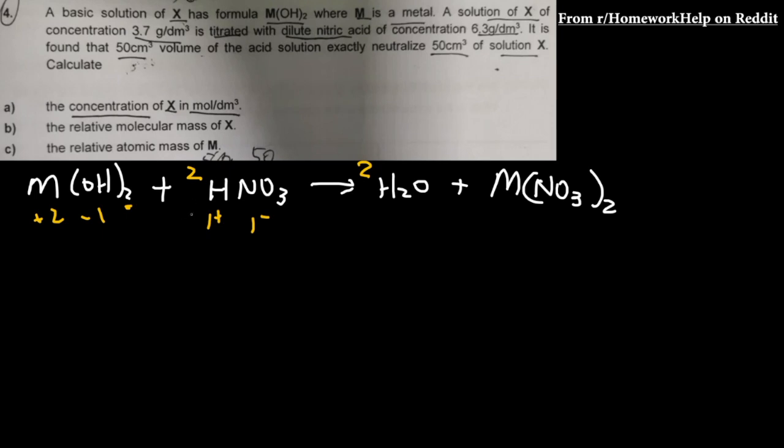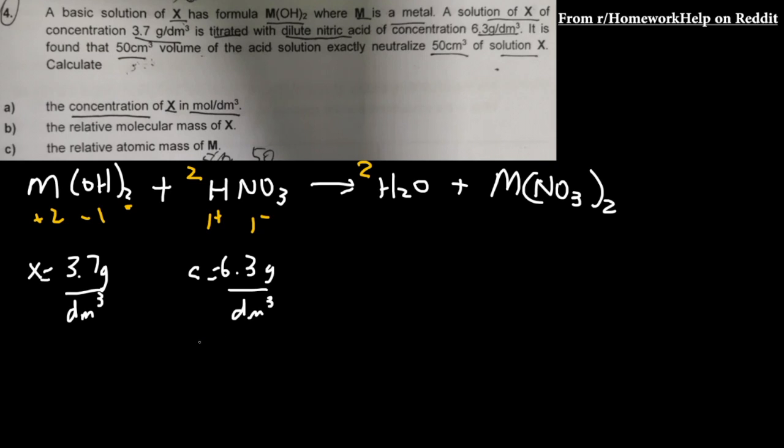So it gives us X solution of M hydroxide. So it says that it's 3.7 grams per decimeter cubed. Okay, that's fine. Then it also says that the acid, the concentration, so C for concentration, is 6.3 grams per decimeter cubed.